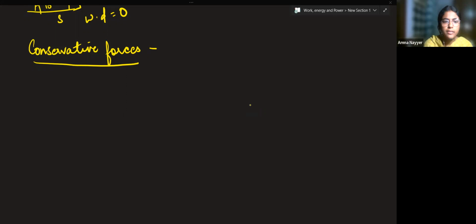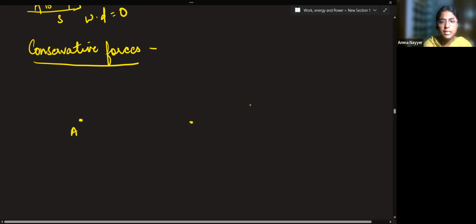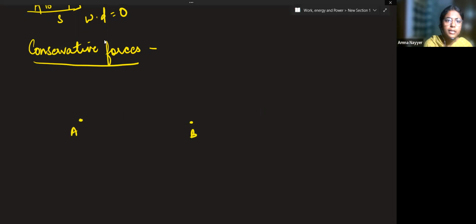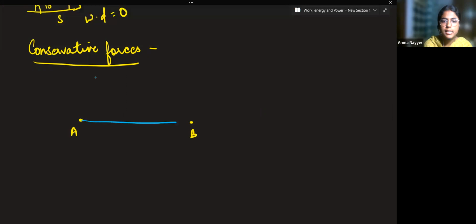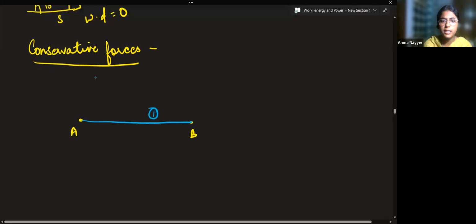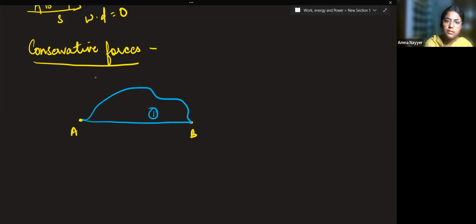Means if this is, let's say, point A. This is, let's say, the first path that has been covered. Or this object takes path 2 to reach B. Or let's say the path taken is 3.